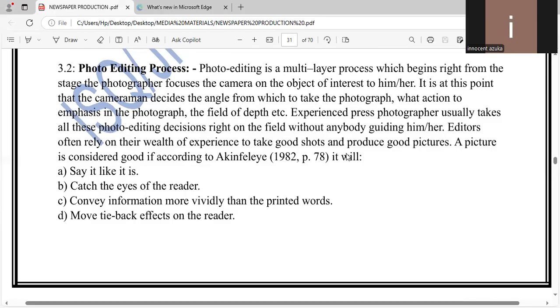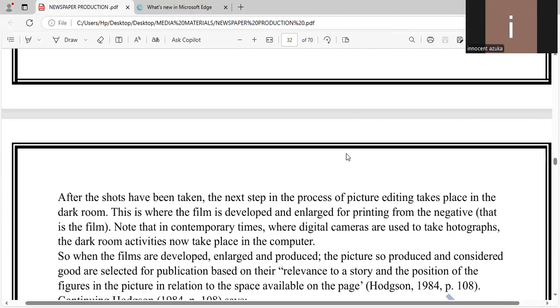Two, if it catches the eyes of the reader. Number three, if it conveys information more vividly than printed words, with more lasting effect on the reader.